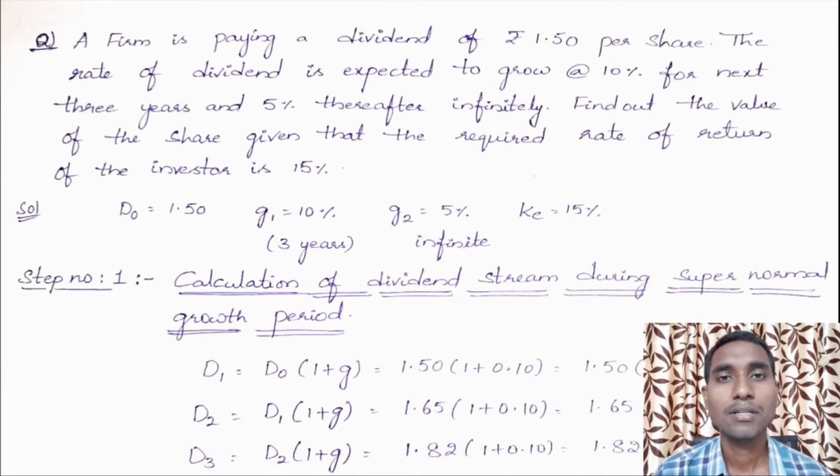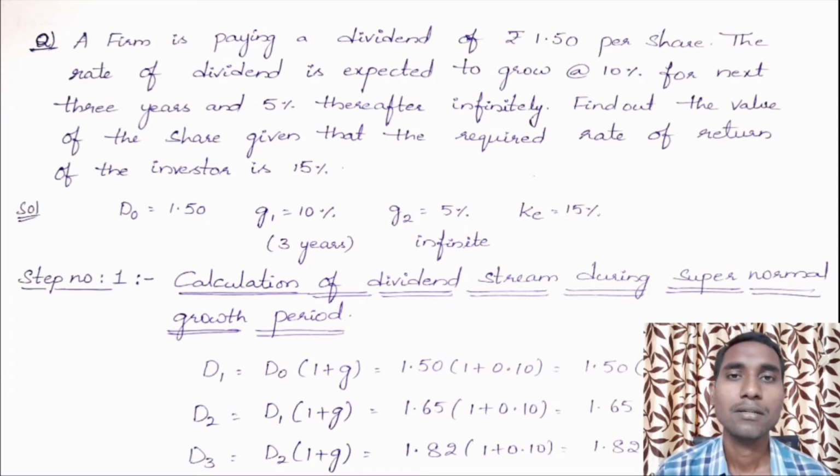Now this lecture is an extension to the same dividend discount models. In this lecture, we will discuss a new model and a new set of problems on the model. The next model is multiple growth rate. In the last session we did problems on the constant growth model.